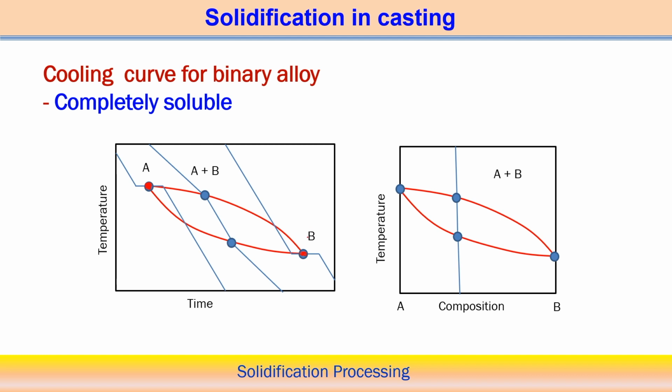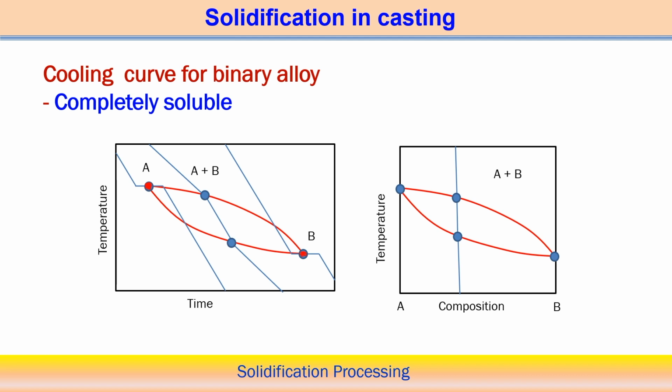Once we identify these two cases, we observe that the cooling curve has no slope, because there is a transition from liquid phase to solid phase without any slope. It means a single melting point temperature exists for a pure metal. So, for pure A and pure B, we can identify their solidification temperature.